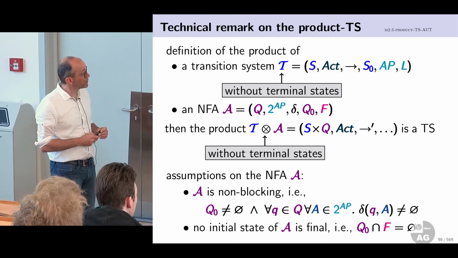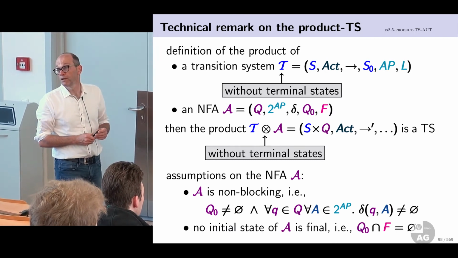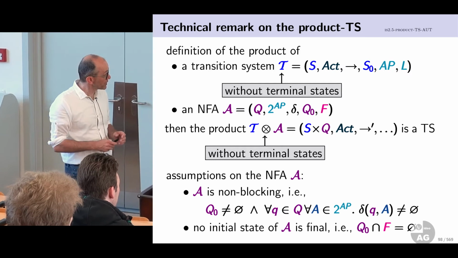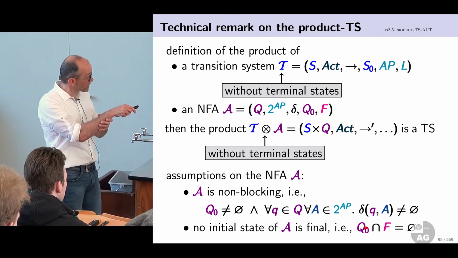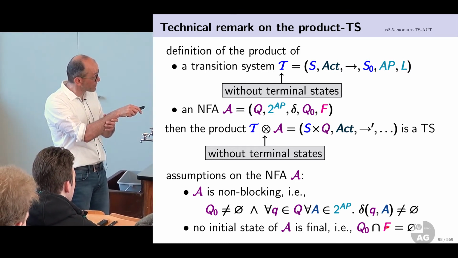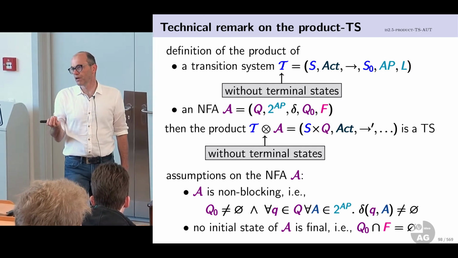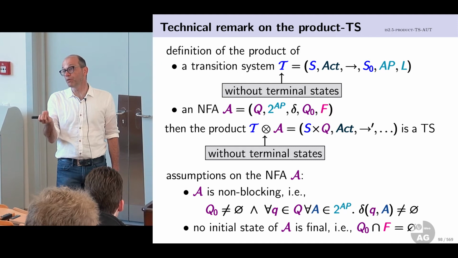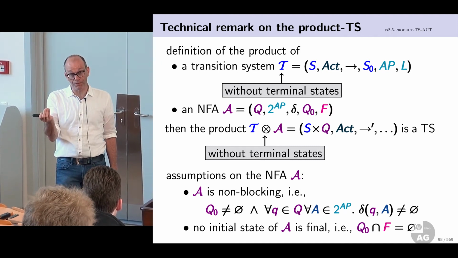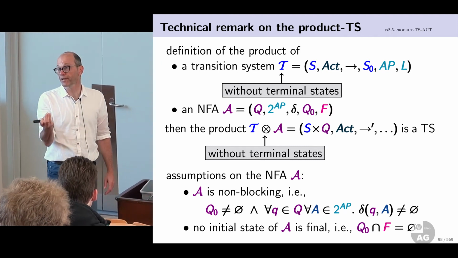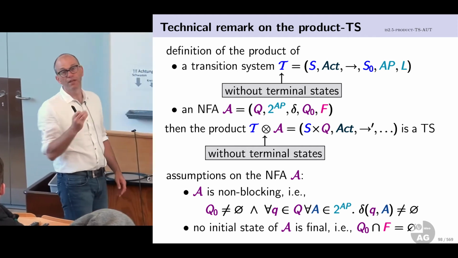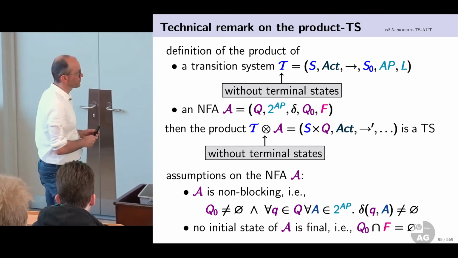And the second thing is no initial state is final. That means I'm going to assume that the intersection of the initial states and the set of accept states is empty. Why do I do this? Because a bad prefix being the empty prefix is not a valid bad prefix. So I would like to exclude the fact that my bad prefix automaton is accepting the empty word.